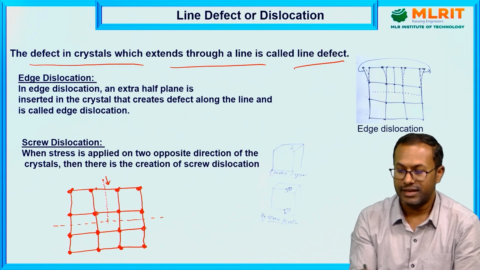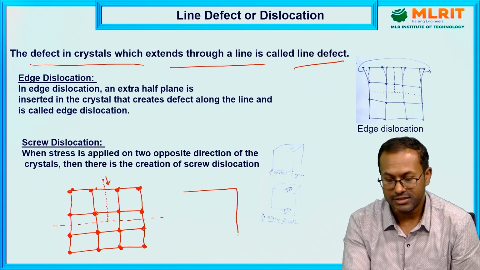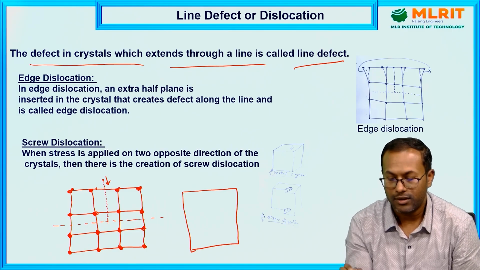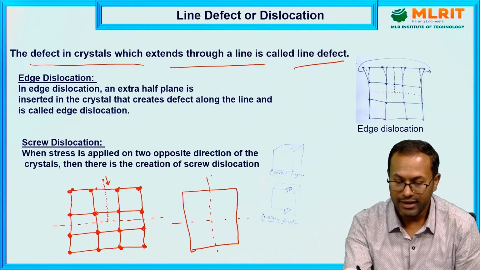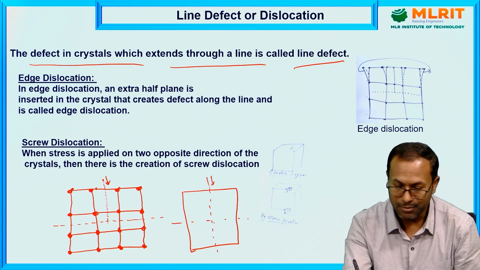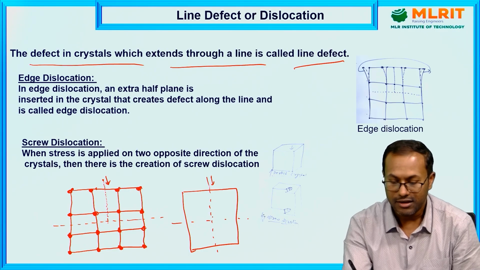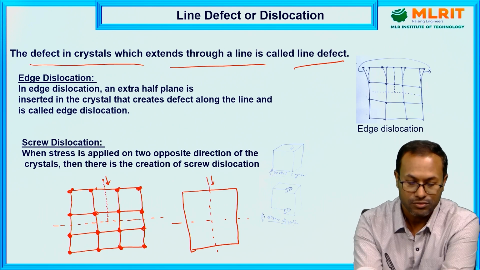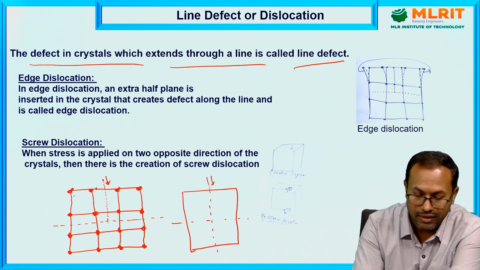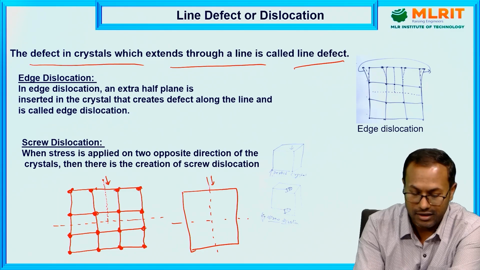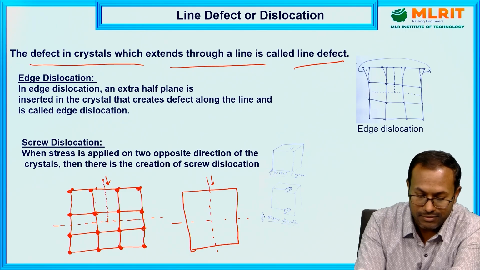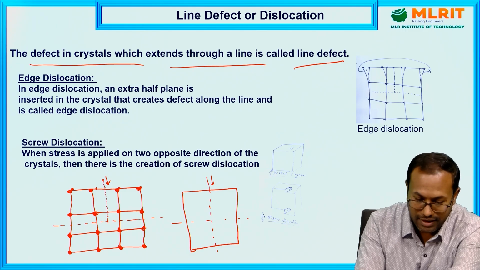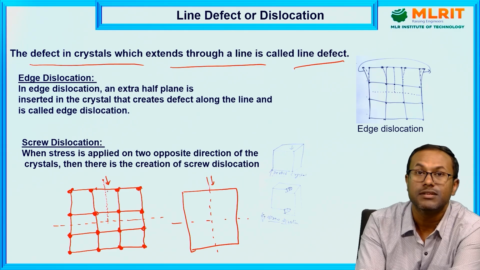Initially this is the crystal structure overall. Now we insert one plane of this crystal along this half line. When we insert a plane through these directions, the nearest atoms feel repulsion and get some pressure. So they deviate a little from their original positions.